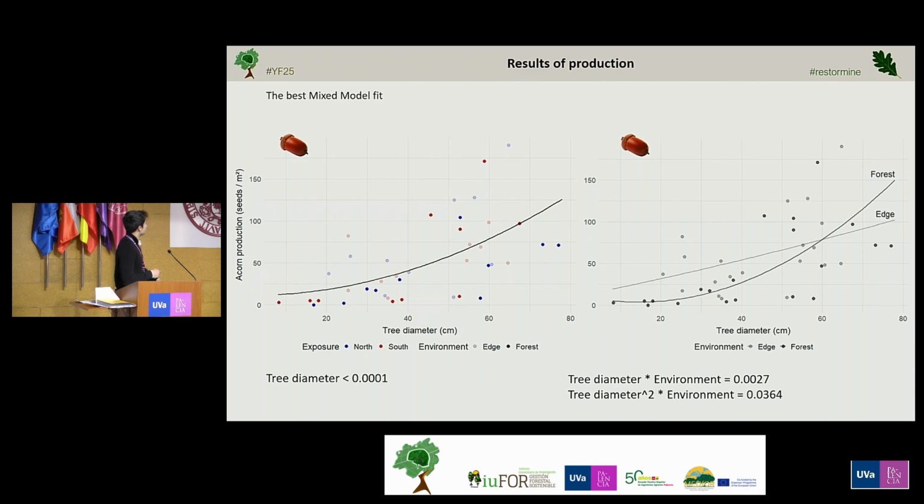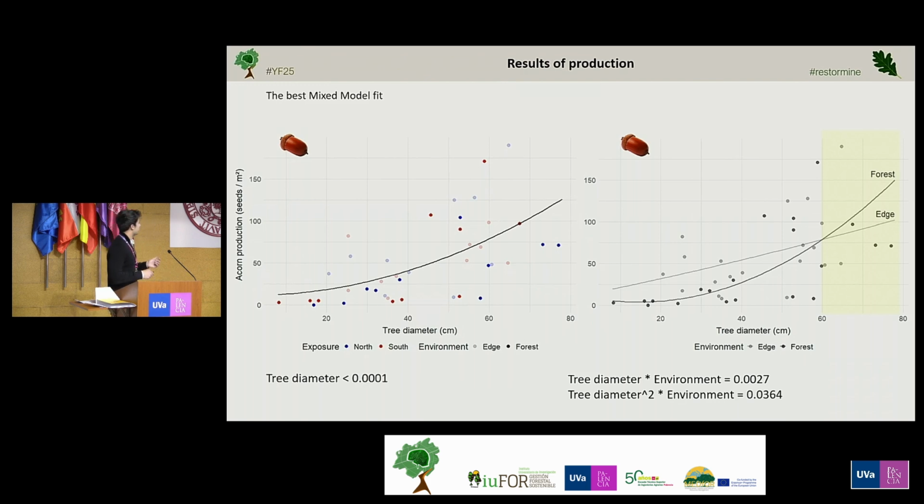And in a similar way, in both environments, forest and edge, we can see a similar upward trend, being more marked in the forest. Now, in the colored zone, you can see that for trees under 60 centimeters of DBH it is in the edge environment where the production of acorns is higher, while when we go above 60 centimeters of DBH, this situation changes and it is in the forest where the production is higher.